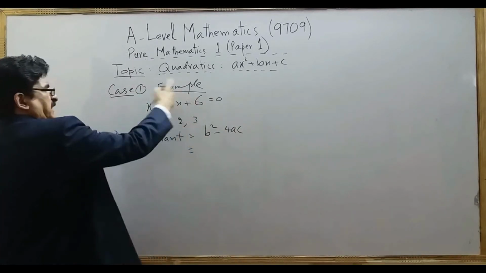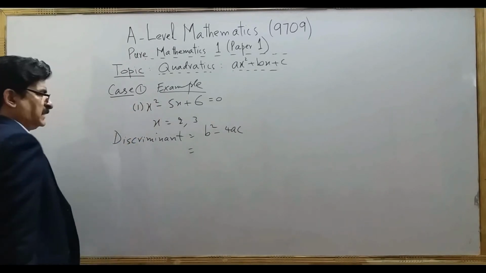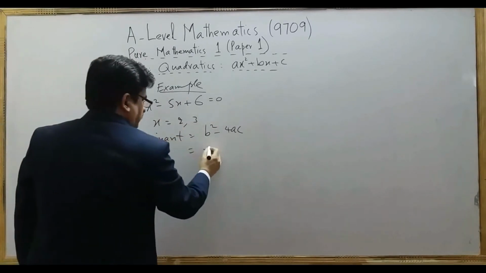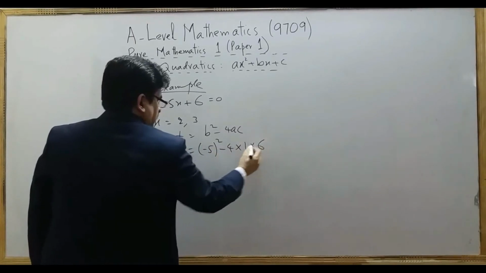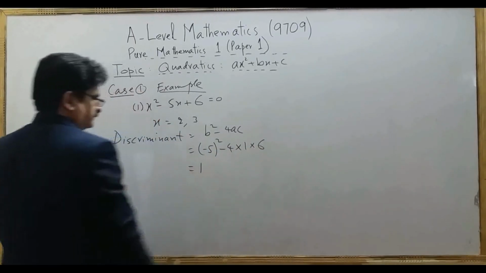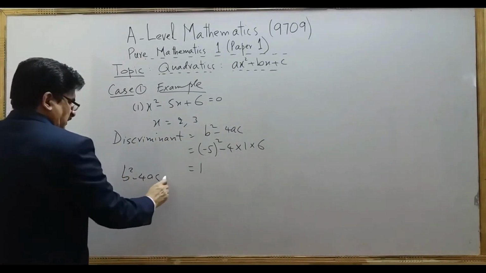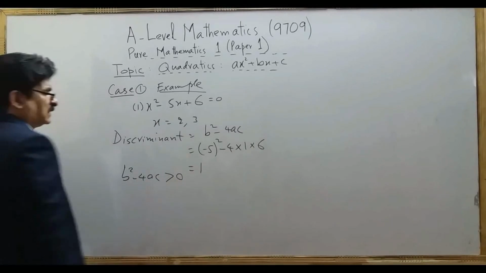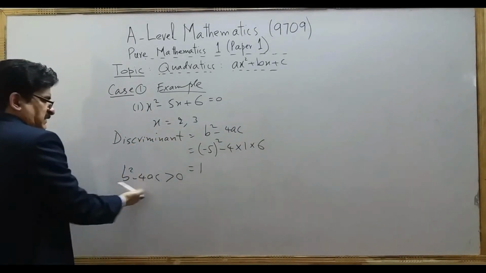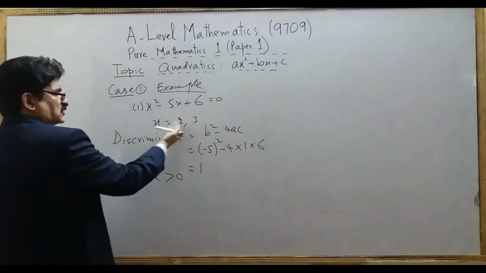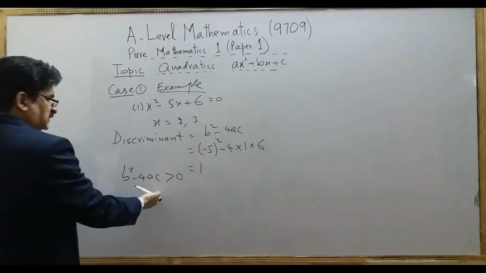It is already in standard form. The coefficient of x square is not written, it means it's 1. b is minus 5, a is 1, c is 6. So b square minus 4ac is greater than 0. When this is the case, we have two roots which are distinct, real.